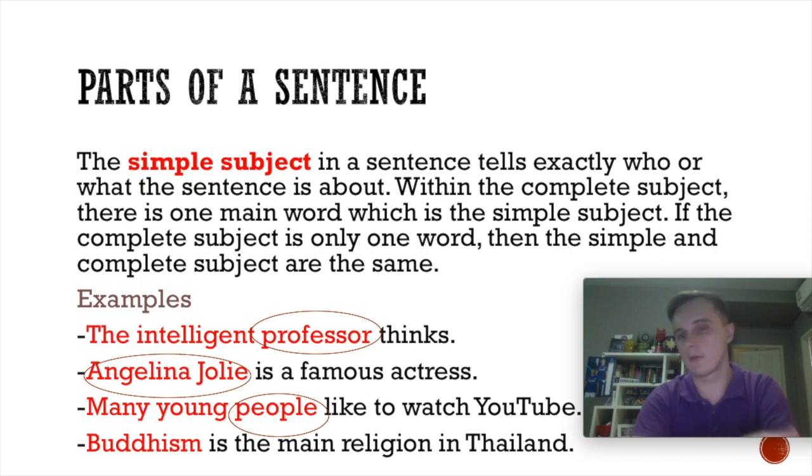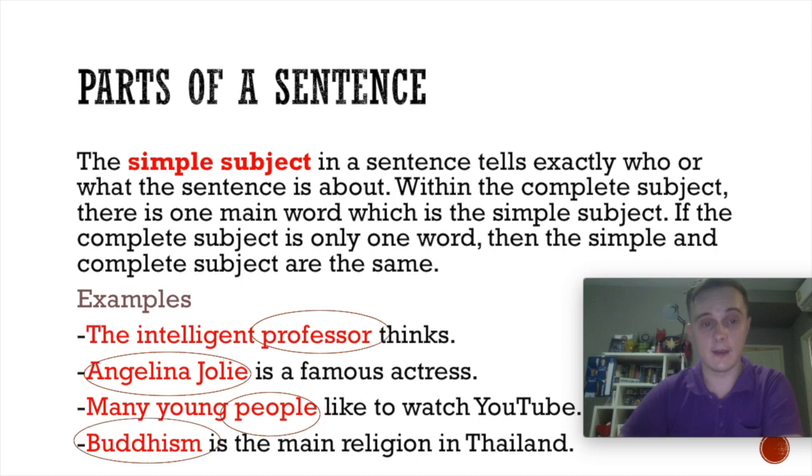Many young describes how many, and it describes their age. They are adjectives describing the people. So we don't need them as part of the simple subject. Last one. Buddhism is the main religion in Thailand. We've only got one word in that complete subject, Buddhism. So you should be able to understand very easily that Buddhism is also the simple subject.